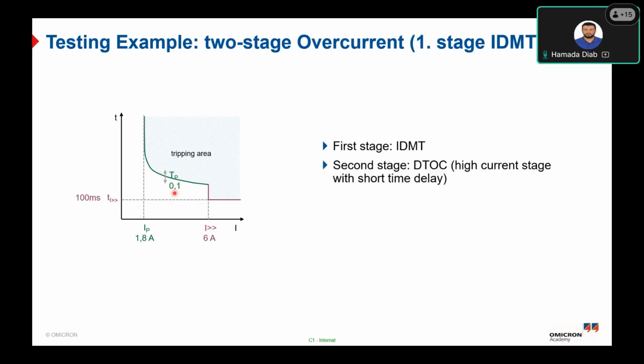So the first stage is IDMT, and the second stage is a definite time with a high current threshold and short time delay. Okay, for some relays, such as the Siemens relay, the backup value will be 110% of the parameter setting of the protection relay. Just take it into consideration if you are working with a Siemens relay. So the expected backup value will be 1.1 multiplied by the current setting.